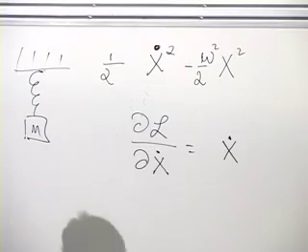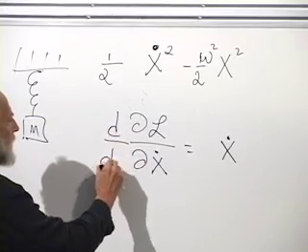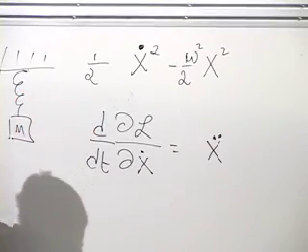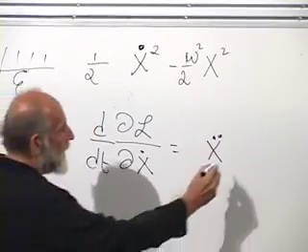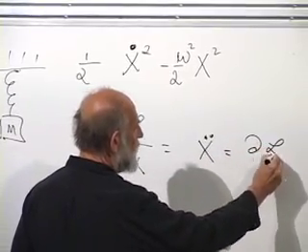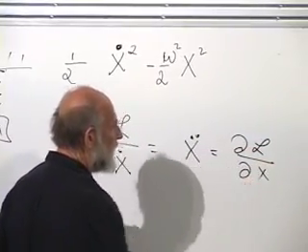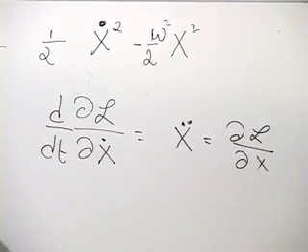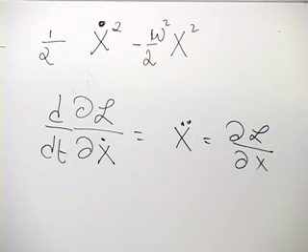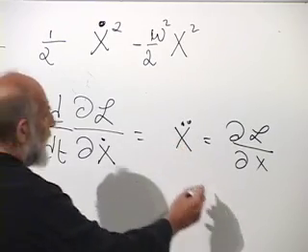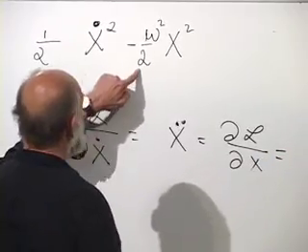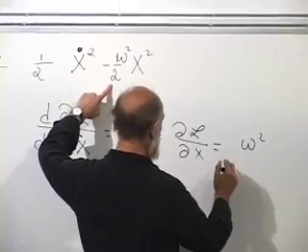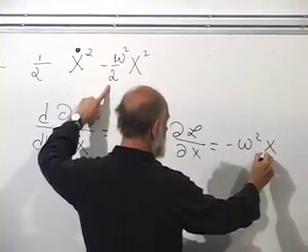And then we time differentiate that. That gives us x double dot. And we set that equal to the partial derivative of L with respect to x. Do I have the sign right? I think I have the sign right. And what is that? That's minus omega squared x.